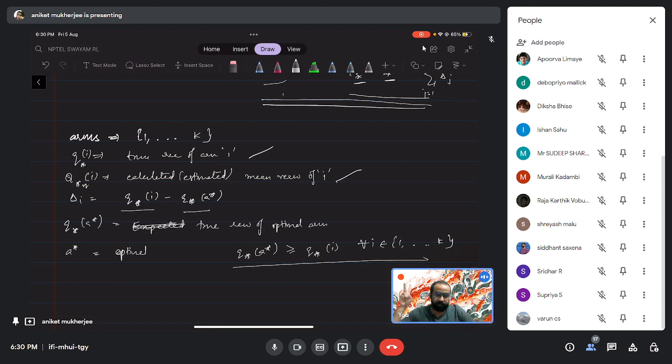You have no other estimations of Q. It might be that in some places, or I might be wrong, Sir might have used Q star and Q, but there is small q and there is capital Q. And there is a place where Sir uses Q of n i. This n denotes at which time instant you are actually calculating the expected reward. But once the whole algorithm is done and you have gotten an output, then all you'll get is capital Q star.